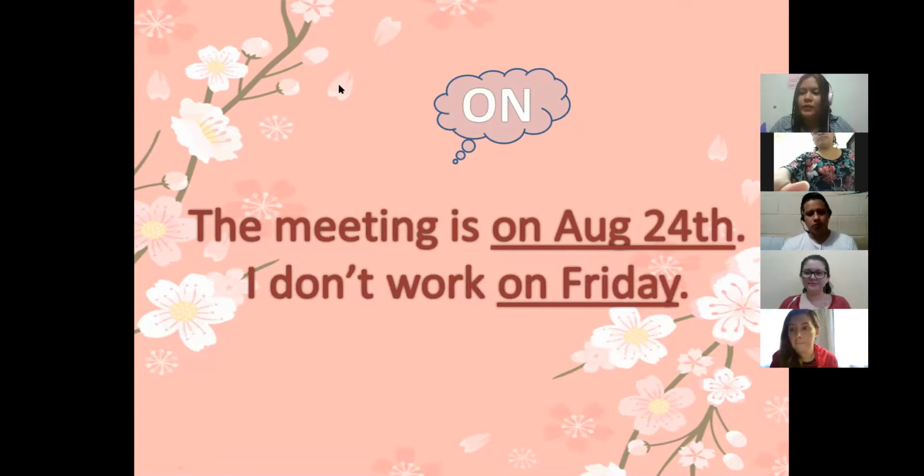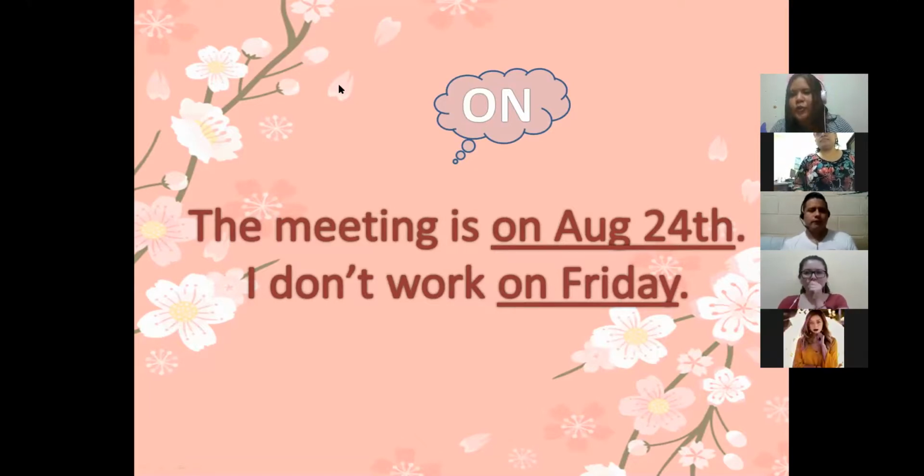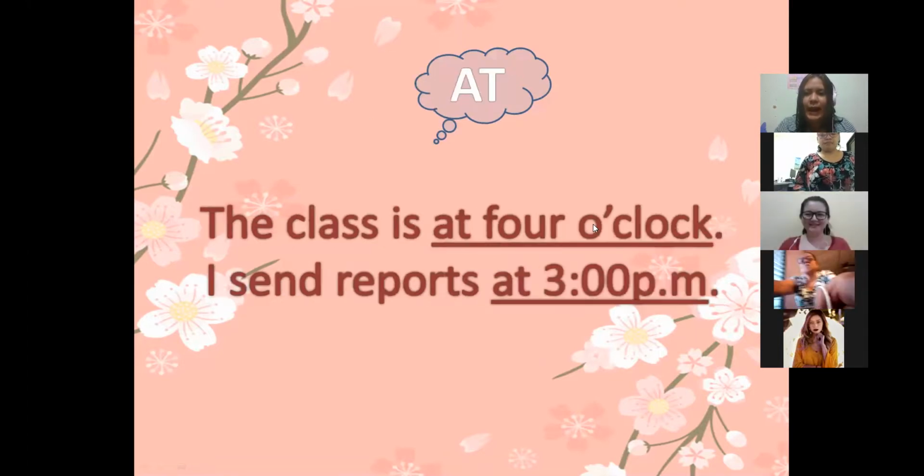So I can say, I have an English class on October 29th. And tomorrow is Friday. On Fridays, we finish the week. We finish the English classes on Friday. We almost finished, yes.